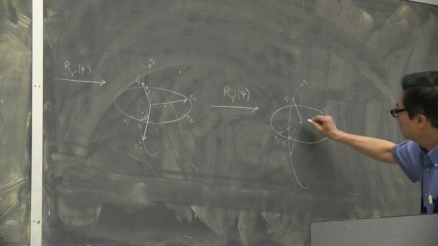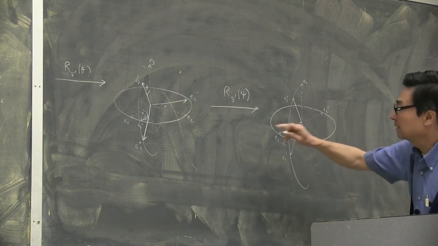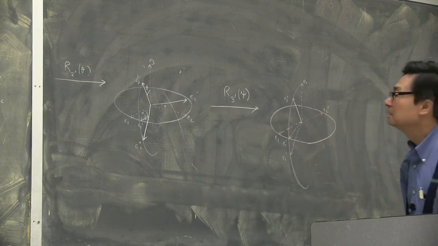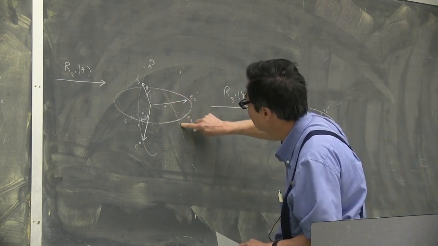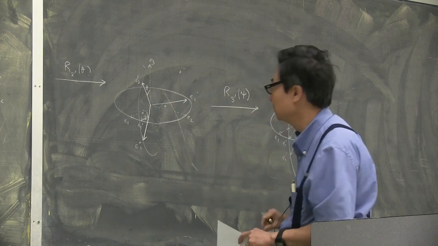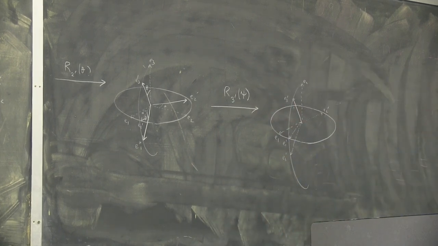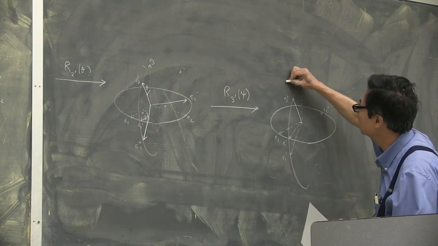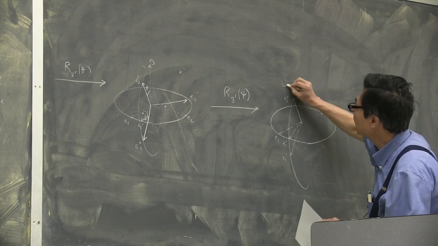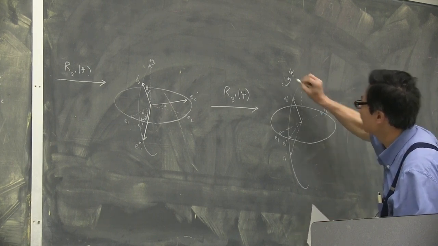So at the previous step, I'm left with this one. Sorry, this line is not meant to be there. I can't get rid of it. So the last step, I'm going to be rotating about this direction again by some angle psi like that.